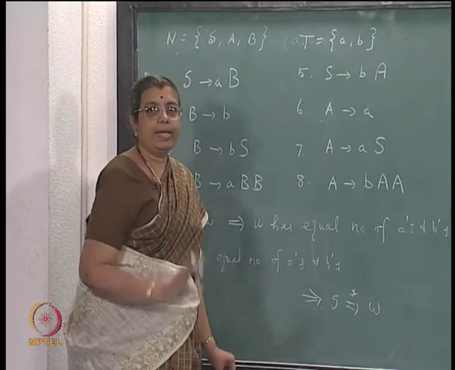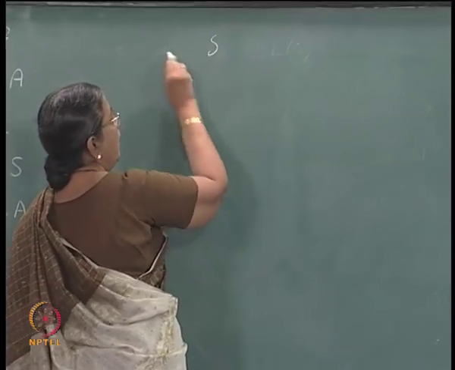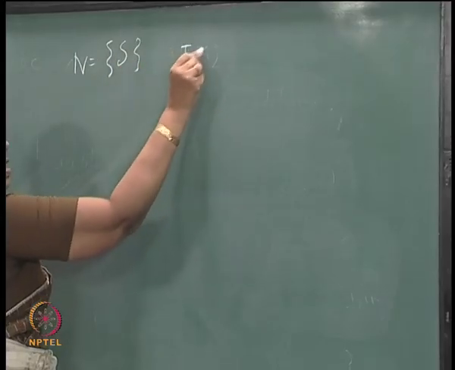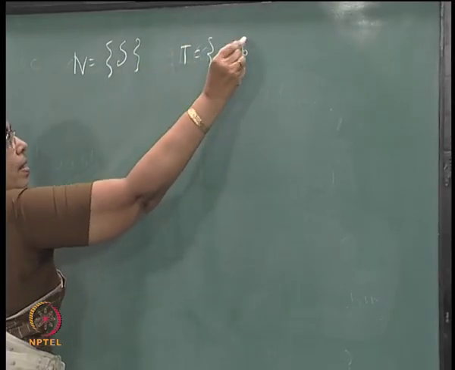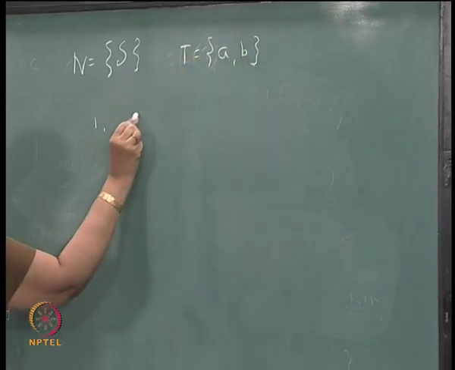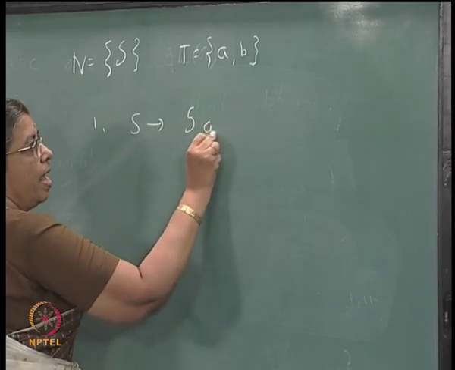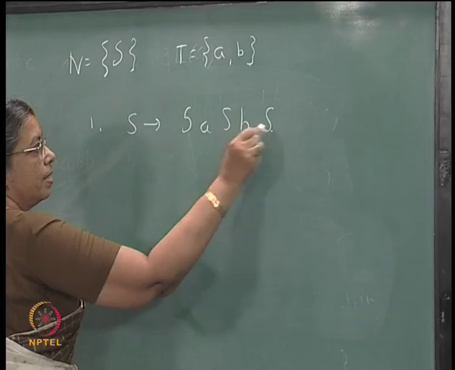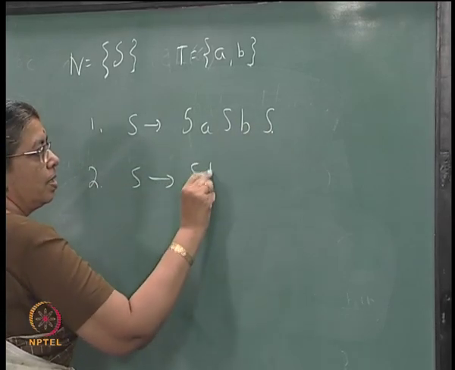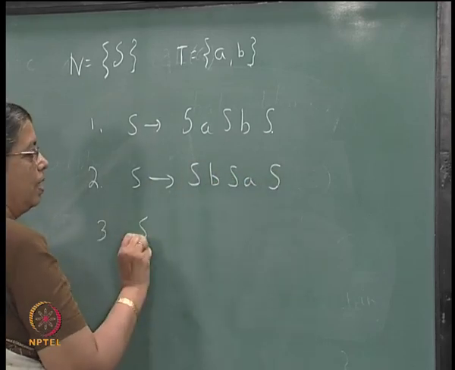Now, I will write another grammar. Look at the rules. There is only one non-terminal, S. Terminals are A and B. There are 3 rules. S goes to SA, SB, S. S goes to SB, SA, S. S goes to epsilon.